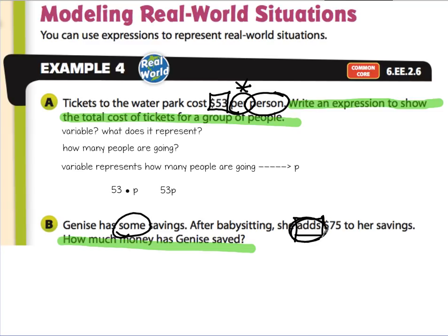I'm sorry, I've got my thoughts backwards here. She has some savings. She adds 75 to her savings. So some, some is what I don't know.